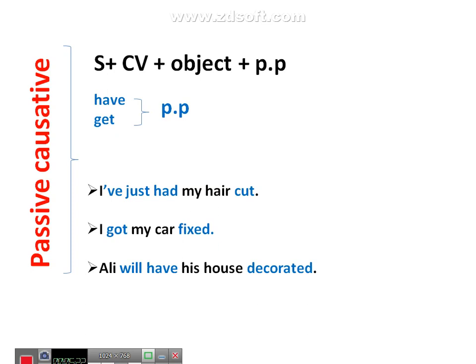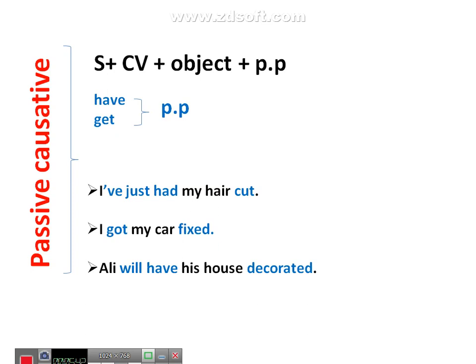If you say I have cut my hair, that means you have cut my hair by yourself. But actually you asked another person, the barber, to cut your hair. So you are supposed to say I have just had my hair cut.